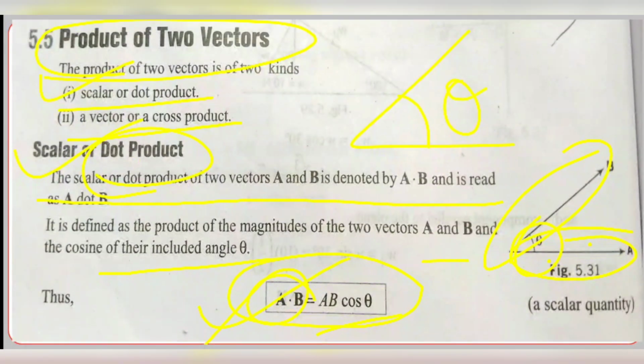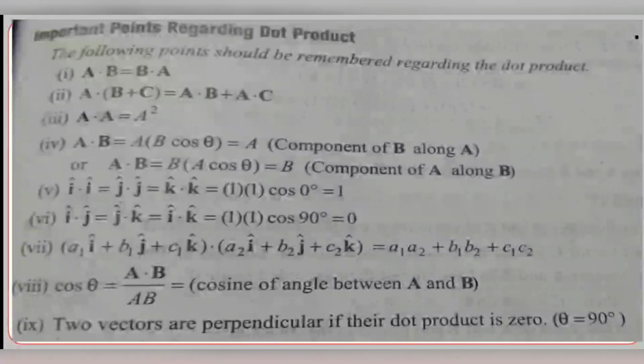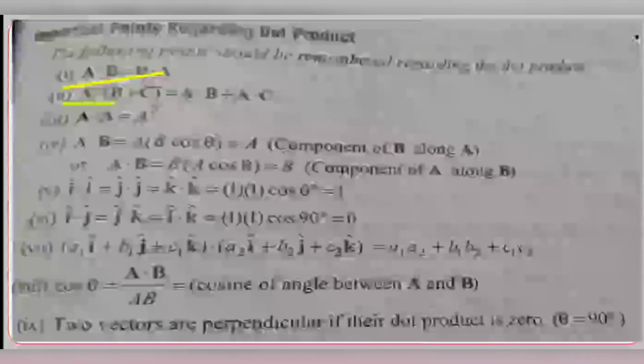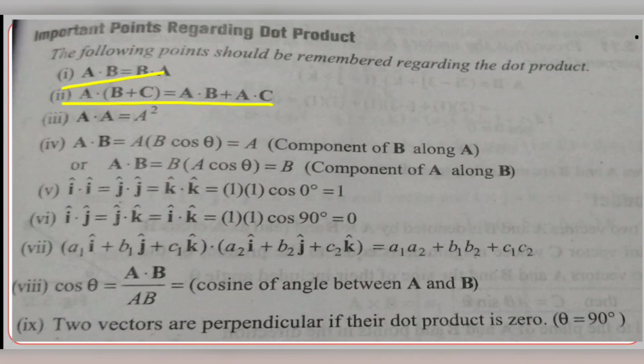Now here are some important points regarding the dot product. The following points should be remembered: a dot b equals b dot a, and a dot (b plus c) equals a dot b plus a dot c. Here we had this in the polygon law where we had a, b and c.